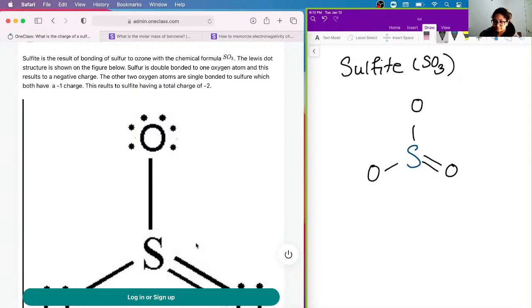right? And so let's give out the lone pairs of these oxygens. In this case, this oxygen would have 3 lone pairs, and this one would just have 2, right?